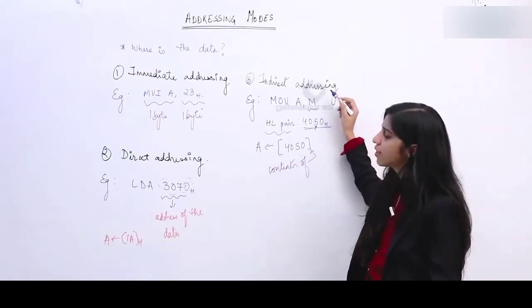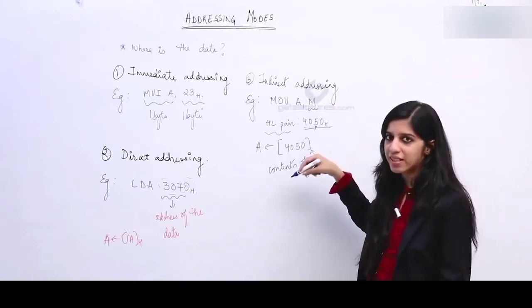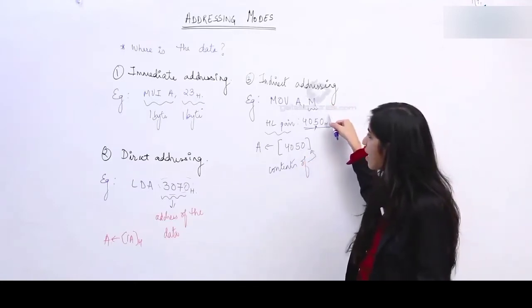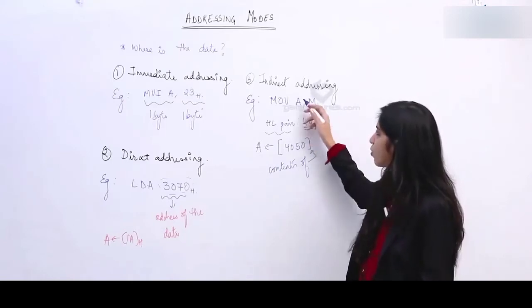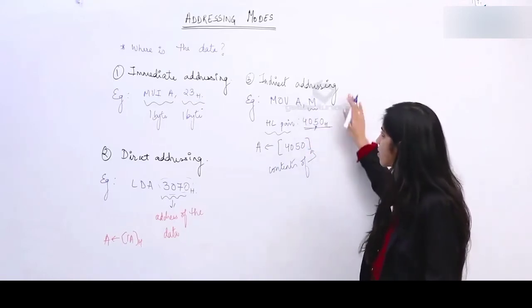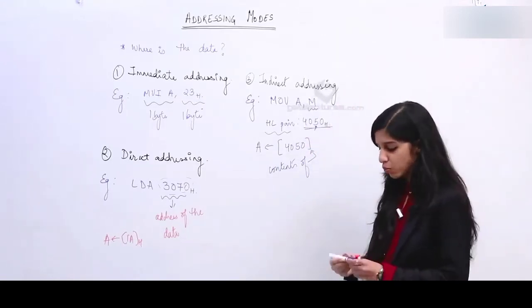So we are not given the address of the data directly. We first have to extract the address of the data, then reach that address, extract the data and load register A with that data. This is known as indirect addressing mode.